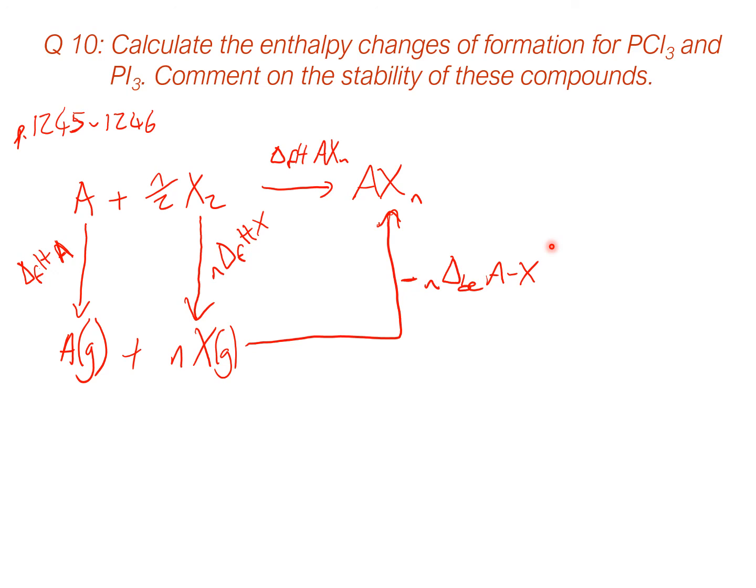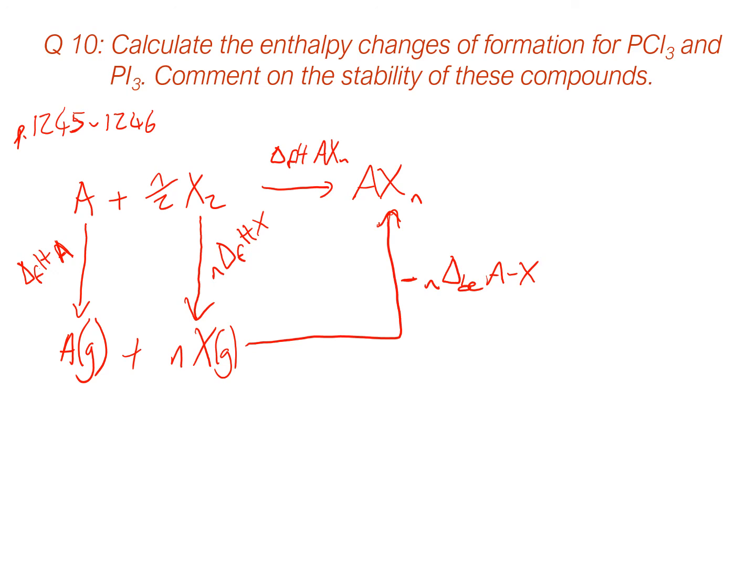The bond enthalpy is the energy released when the AX covalent bond is broken into A and X. We're taking A and X individually and making the bond, so it's the minus. And again, the N is here because we're going to be making 3 or however many AX bonds, so we multiply it to be stoichiometrically correct.